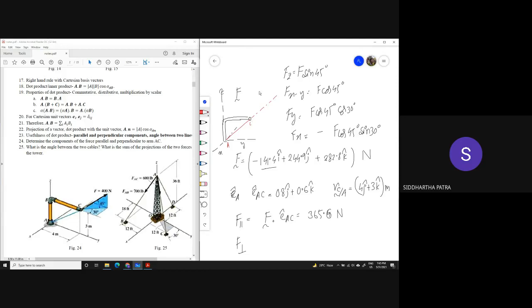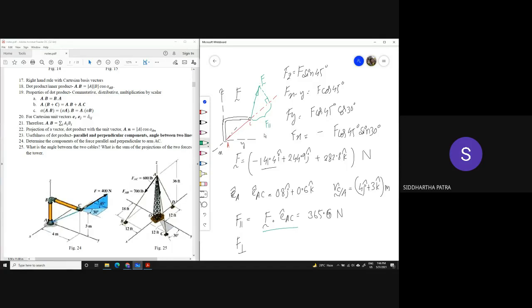This colored line right here is your force. What you have essentially done is taken a projection, as we have shown earlier. So this quantity right here is F parallel.